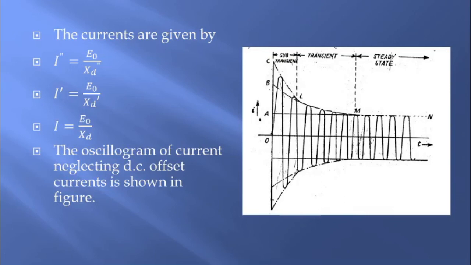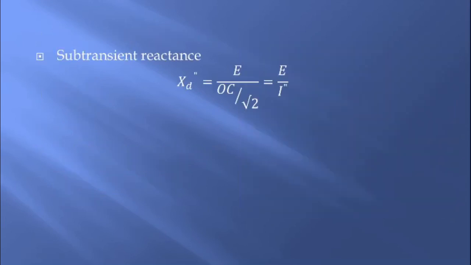The oscillogram of current is there. We're neglecting the DC offset current in this figure because we are taking the uniform waveform and we are assuming that DC offset current is ignored here. And for subtransient reactance, suppose you already know the transient, subtransient and steady state current, and then you need to find out Xd double dash.